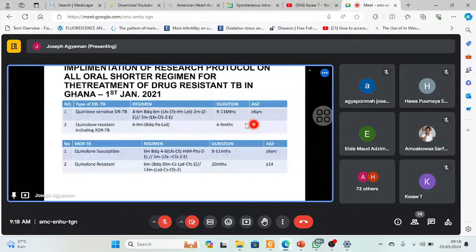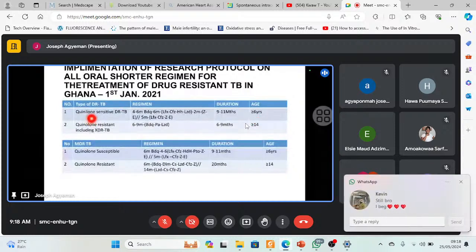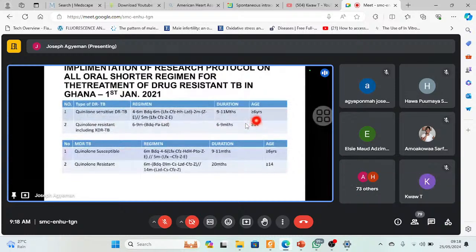And depending on the patient's age and the susceptibility pattern with reference to quinolones, those who are above or equal to 6 years, the duration may take 9 to 11 months, and those 14 years and above, 6 to 9 months. That goes with quinolone resistance.